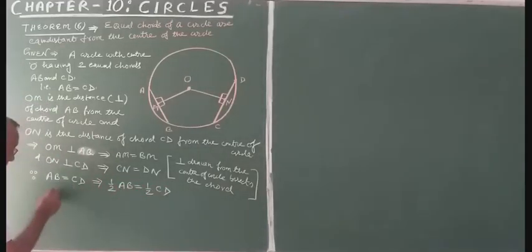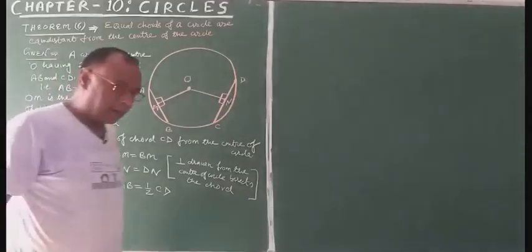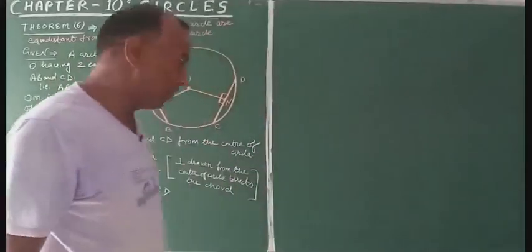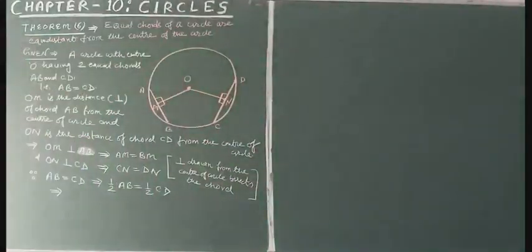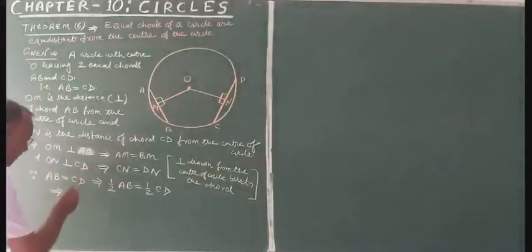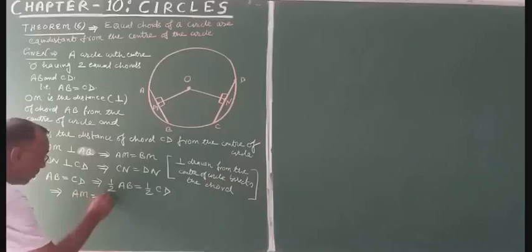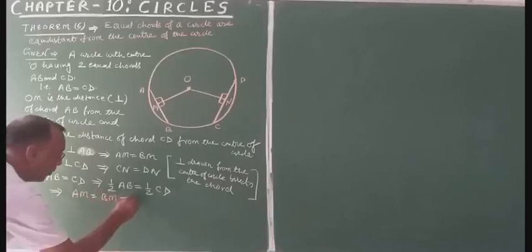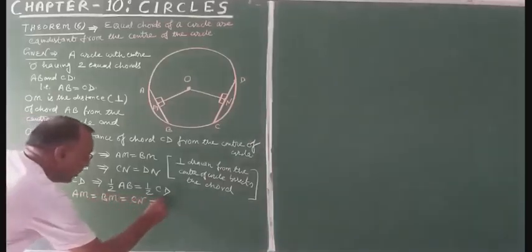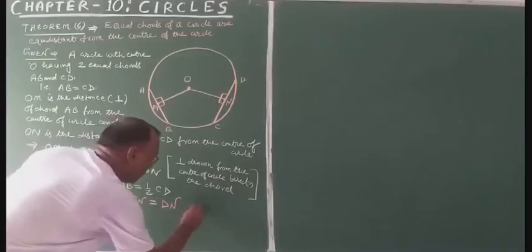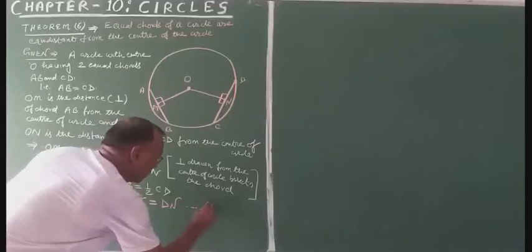Is it there? If AB is equal to CD, then half of AB will be equal to half of CD. Now tell me, half of AB means AM. AM is equal to BM is equal to CN and is equal to DN. Suppose this is equation number 1.